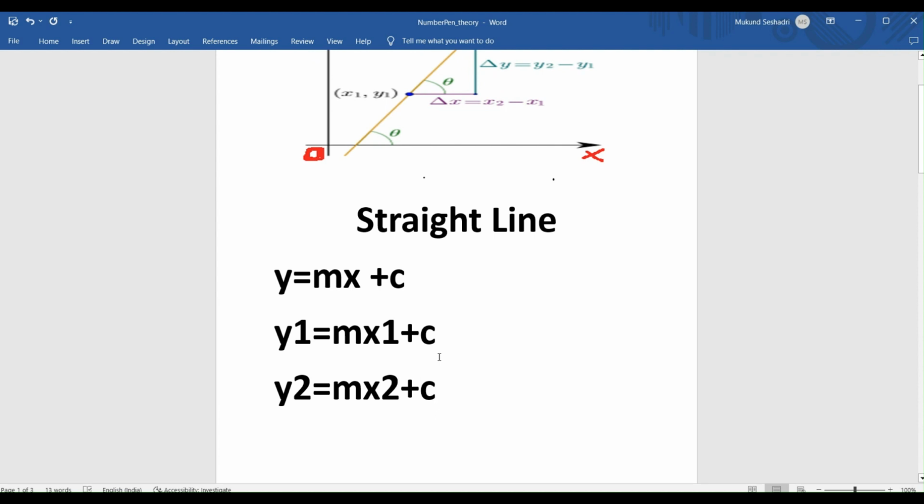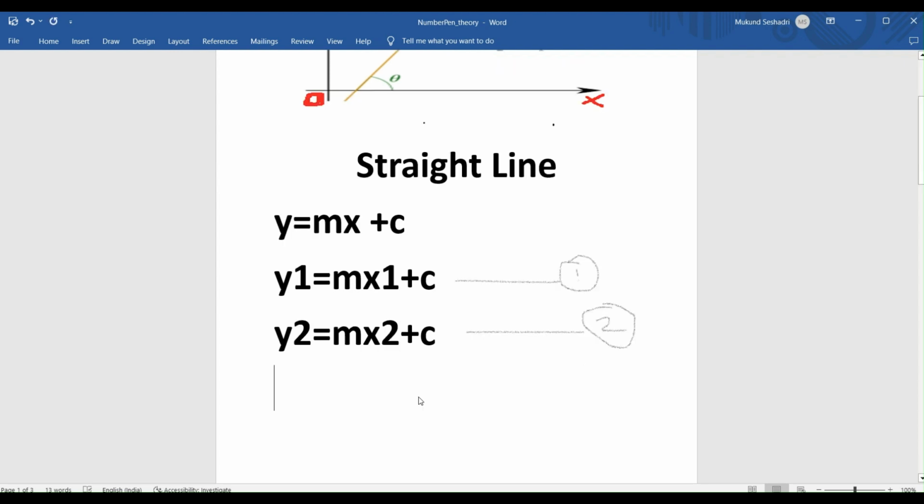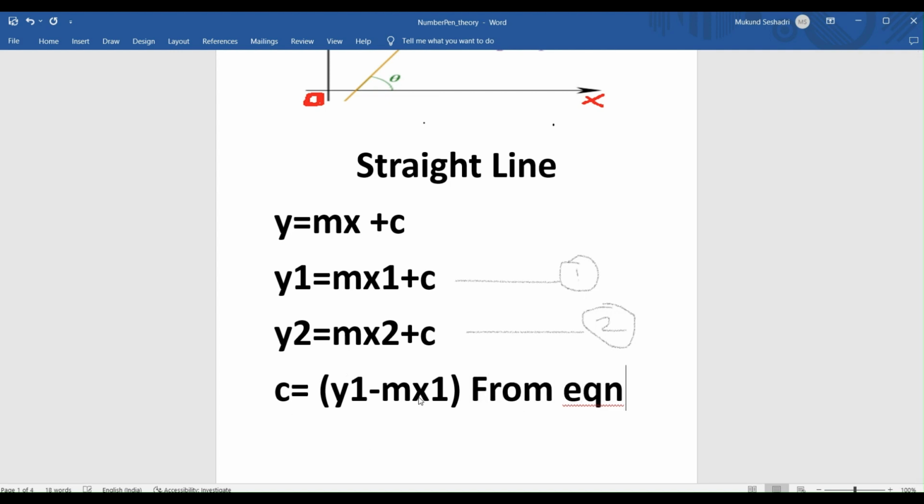Let's try eliminating c from these equations. Let me call the first one equation 1 and the second equation 2. From equation 1, I have c equals y1 minus mx1.